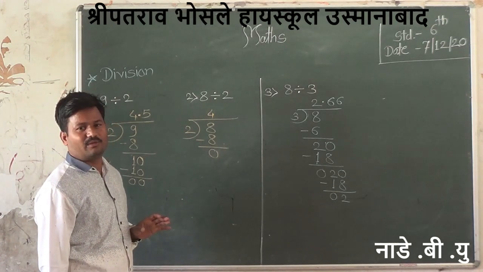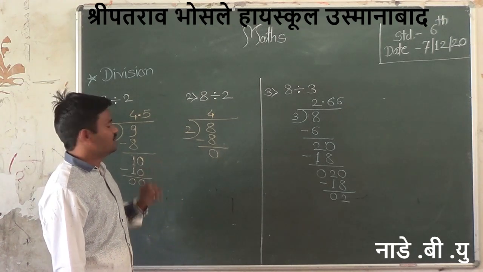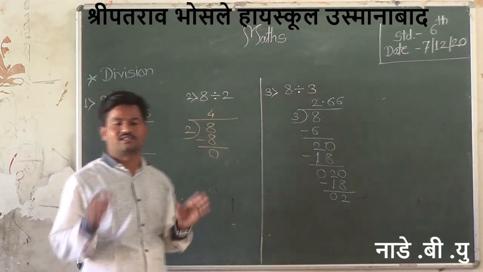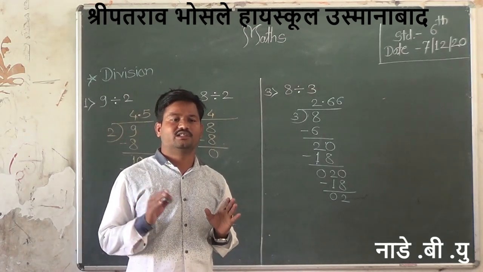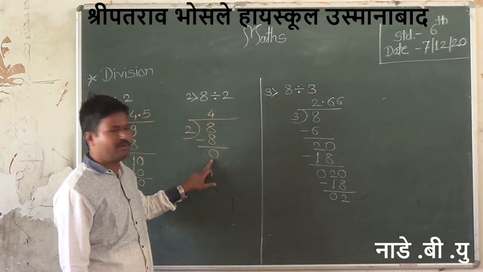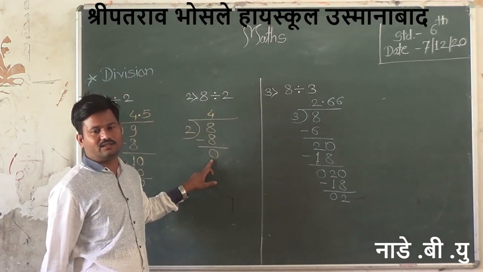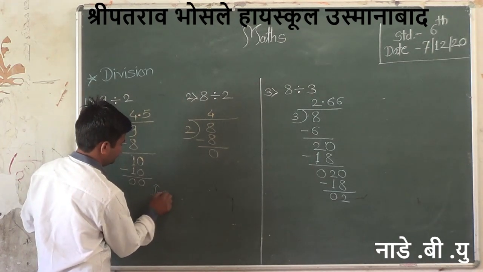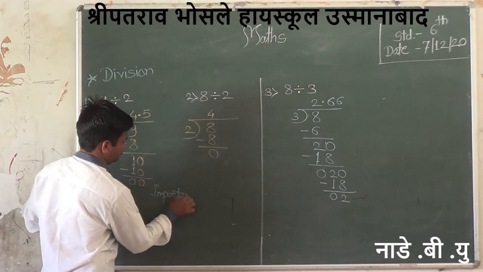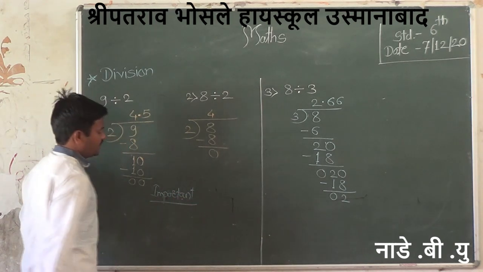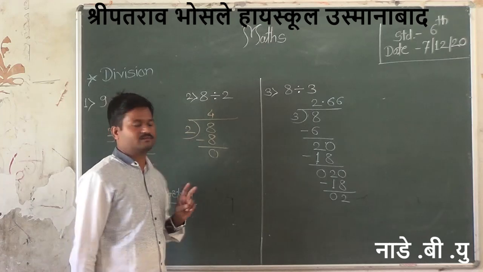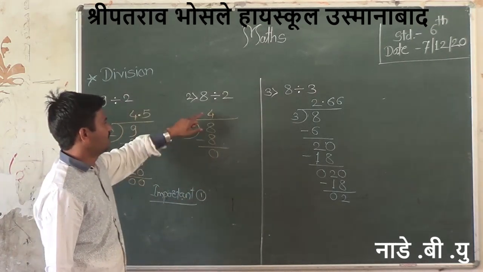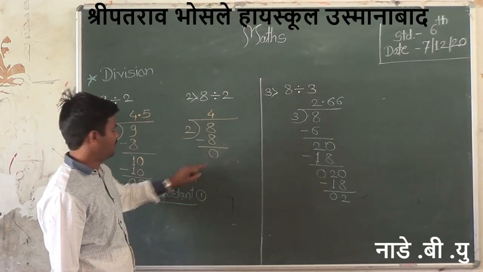How do we use division? Our concentration in division is on the quotient and the remainder. What is important? Here the important two things in division: our concentration is on the quotient and the remainder.